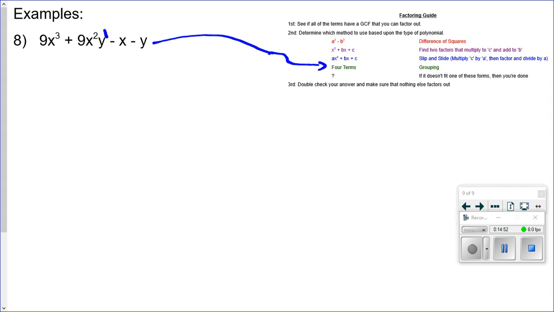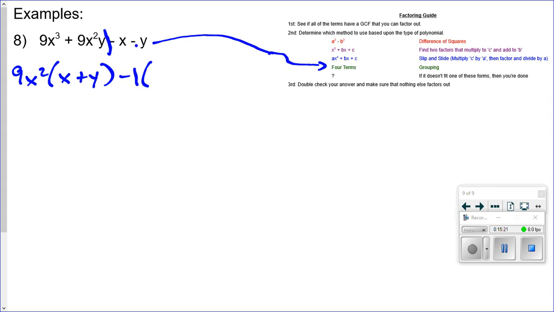So grouping, you're going to split it in half. So you have half the terms over here, half the terms over here. The minus sign goes with the x. And on this left side, what can I factor out of that? Looks like I can factor out a 9x squared. So I'm going to factor out 9x squared. So that leaves me with x plus y. And then on the other side, I can factor out a -1.